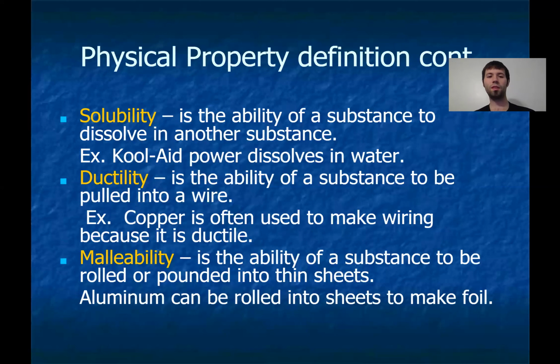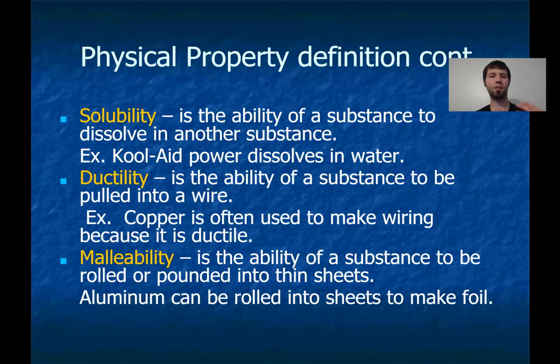Solubility is the ability of something to dissolve in another substance. When we dissolve salt or Kool-Aid into water, that sounds like it would be a chemical property, but that's actually just a physical property. Because remember, for something to be a chemical property, you would have to change what something is. When you dissolve salt into water, you make salt water, but I could still reverse that and get salt and water.